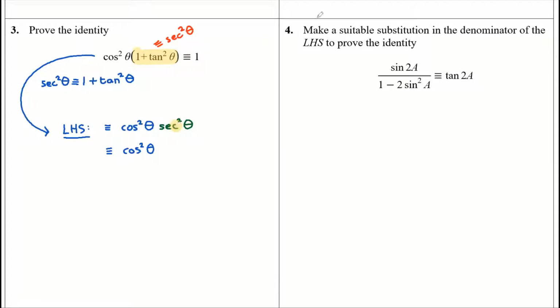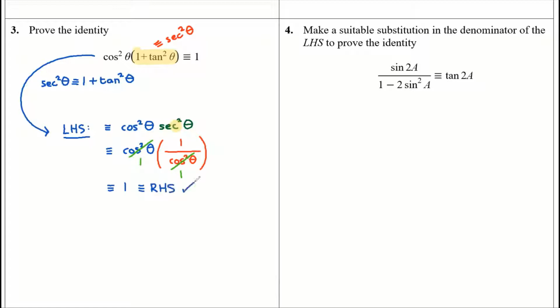So that's going to be cos squared theta times 1 over cos squared theta, like that. Now we have cancellation. We can see quite clearly the cos squareds are going to cancel. And our final answer is just going to be 1, which is the right-hand side.